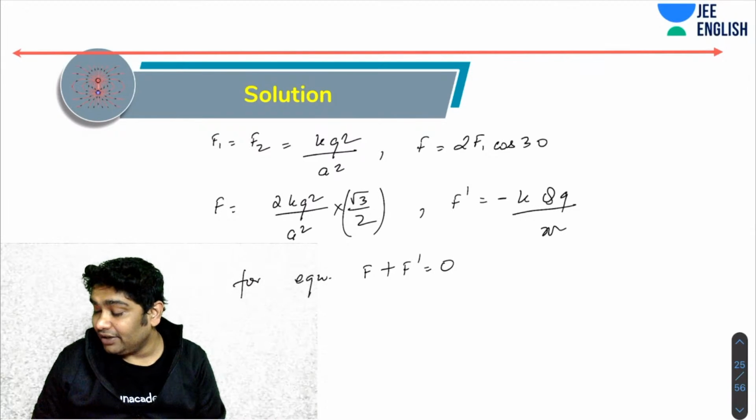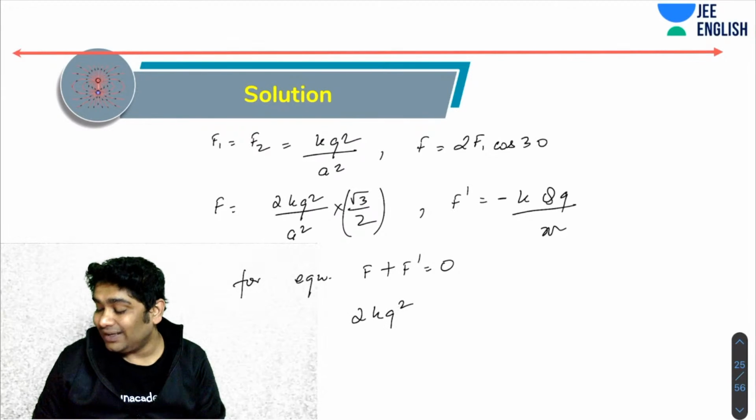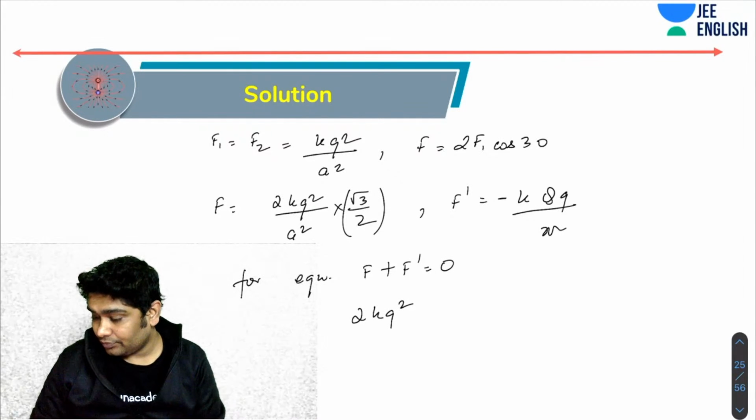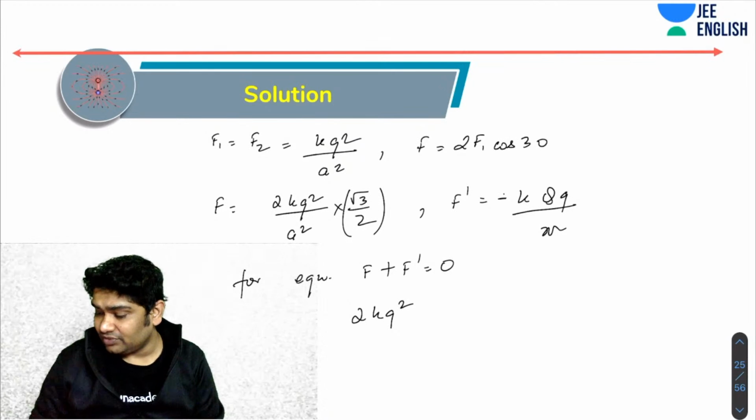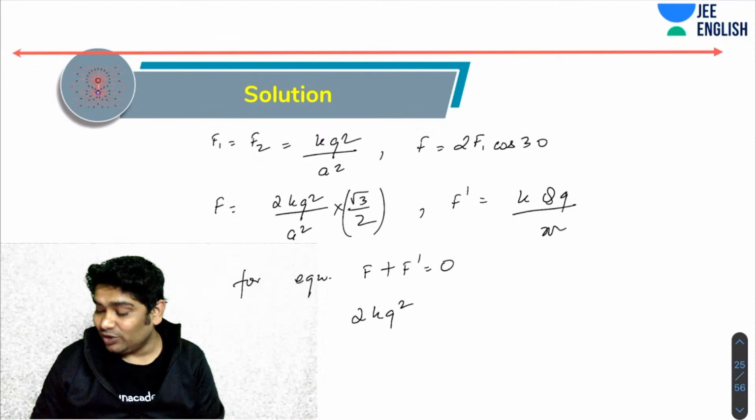So that will give me 2k cos 30 square. For the sake of simplicity, let's keep writing it positive only.